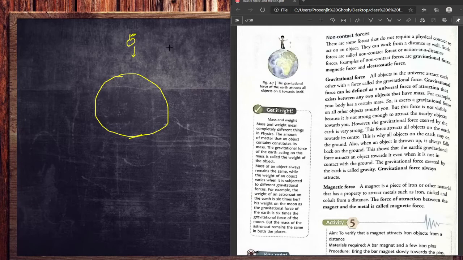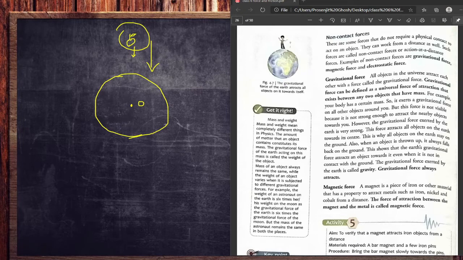So the apple is falling to the ground of the earth. Why? Because the earth is attracting that apple towards itself, towards its center. This is the center, say O, of the earth. So towards its center, the body is getting attracted.